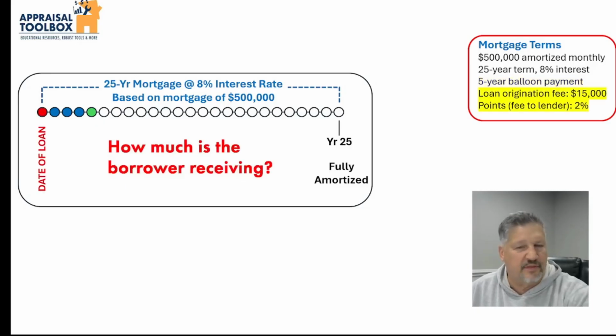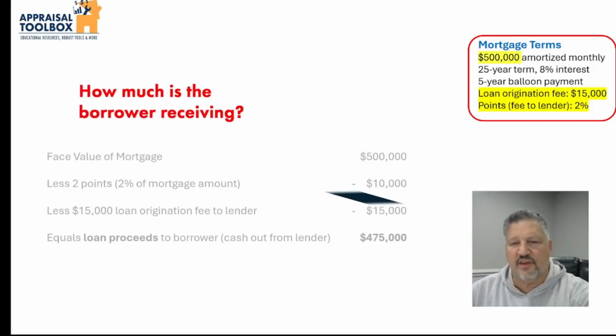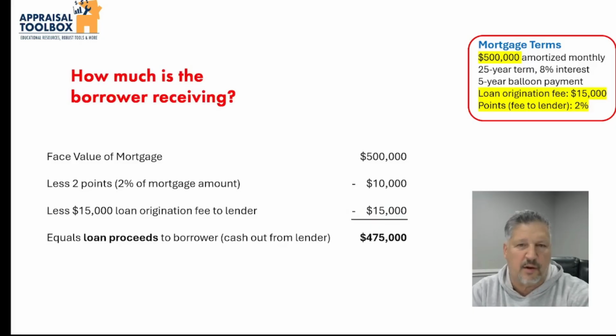The final step in the calculations of a lender yield problem is dealing with the fees, the origination fee, the points paid, and to determine how that impacts the actual proceeds to the borrower. So in this case, we have $15,000 of origination fee and we have 2 points. So let's see how that affects the cash flow to the borrower. The face value of the mortgage is $500,000.